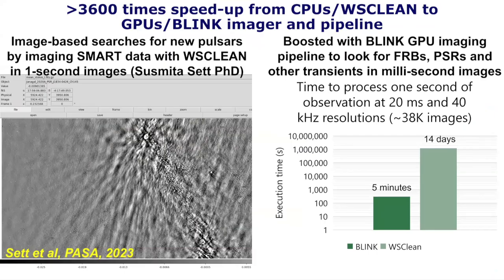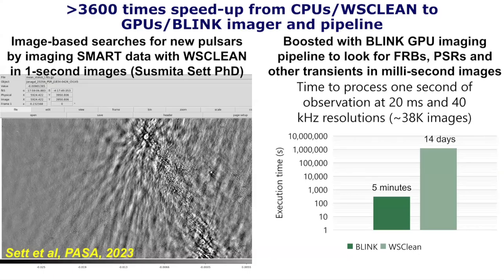With this Blink pipeline, we first tried to see if we could use WSClean, but that wouldn't be feasible. Processing 1 second of data at 20 millisecond time resolution, producing 40,000 images, would take probably a couple of days, which we can now process in a couple of minutes.